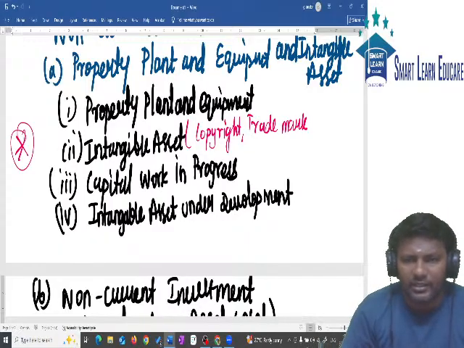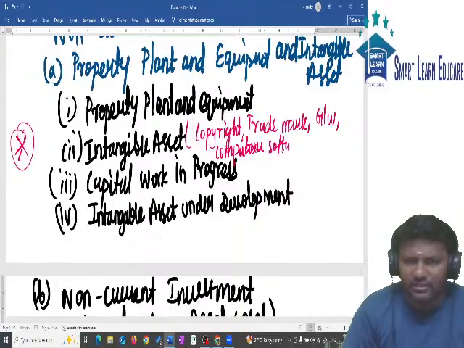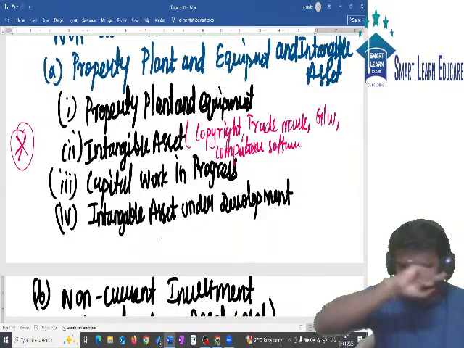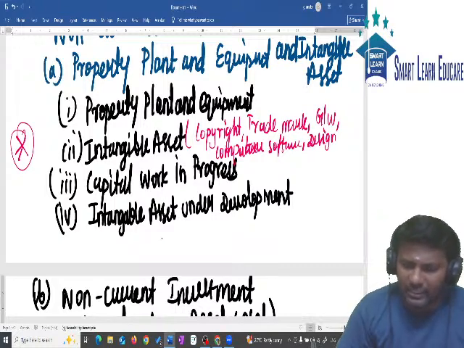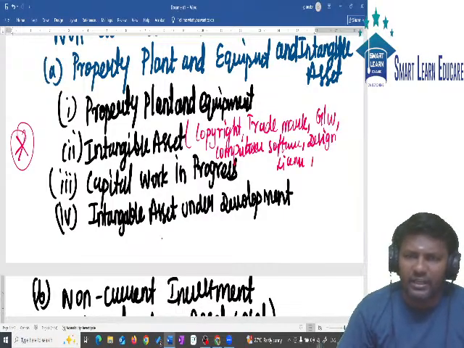Goodwill will come under intangible asset. Computer software will come under intangible asset. Design will come under intangible asset. License fee will come under intangible asset.